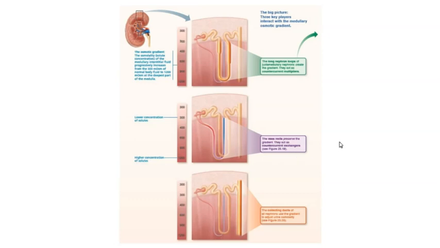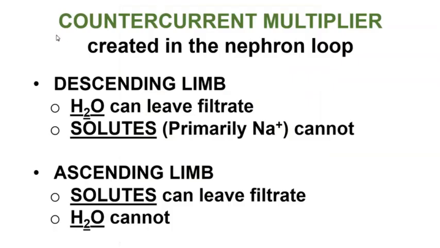So that's that second physiological process, the countercurrent exchangers, which are occurring in the vasa recta. And then finally, we're going to see the collecting ducts using the concentration gradient that's created in the renal medulla to create either very dilute urine or very concentrated urine, all depending on the situation. So let's come back to this countercurrent multiplier for just a second.